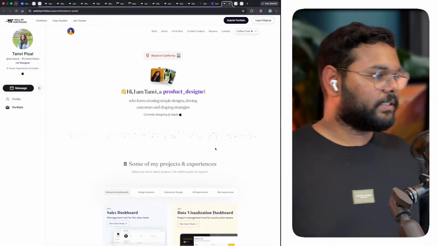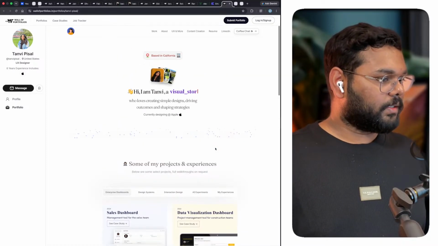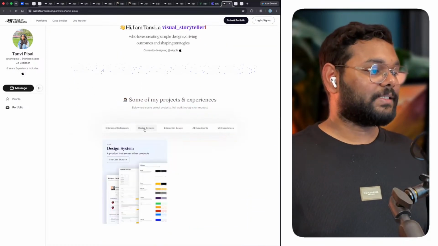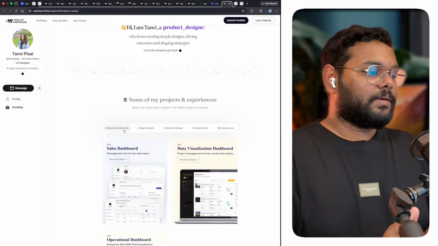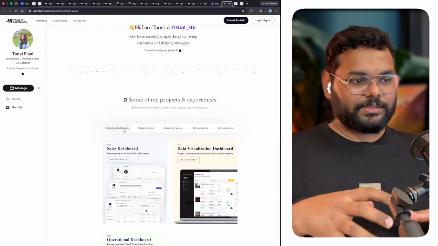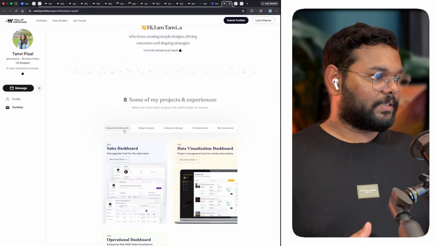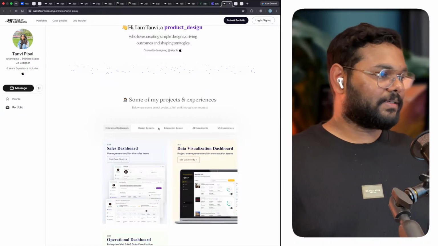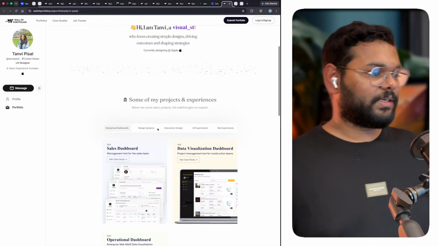Then Tanvi. Okay, I also had this in mind. So she has separated it. I liked people who actually make things easier for others to consume, and they are very organized. So I like the organization, because again I'm doing the same thing, right?